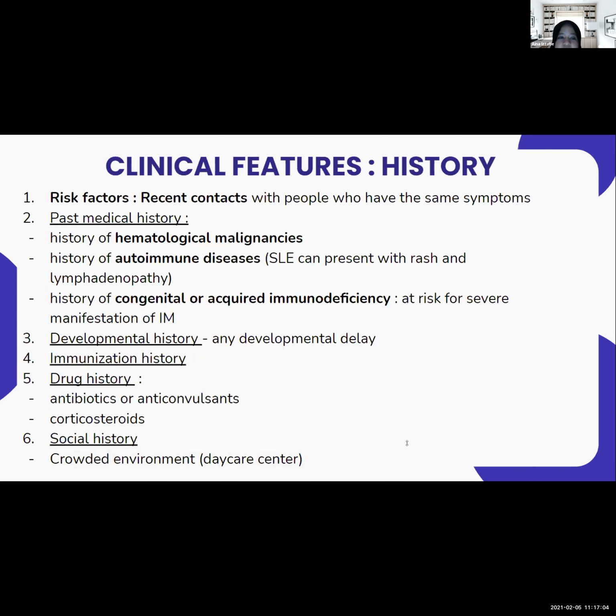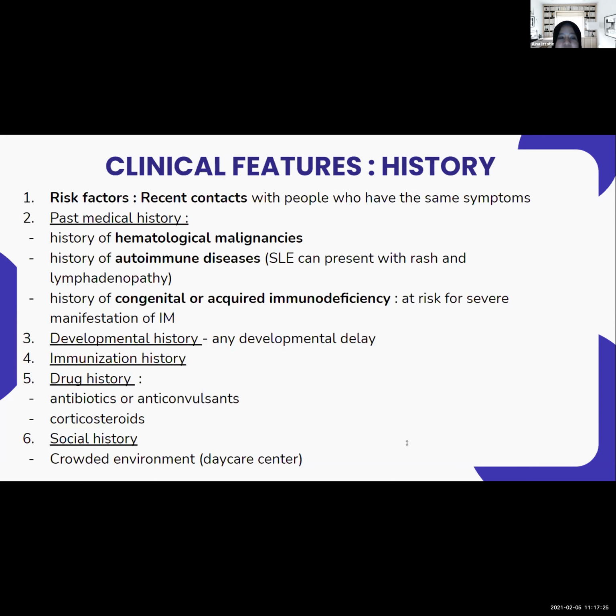We also need to ask about history of autoimmune diseases such as SLE, because it can also present with rash and lymphadenopathy, and any history of congenital or acquired immunodeficiency, because these patients are at risk for severe manifestations of infectious mononucleosis, including chronic viremia.